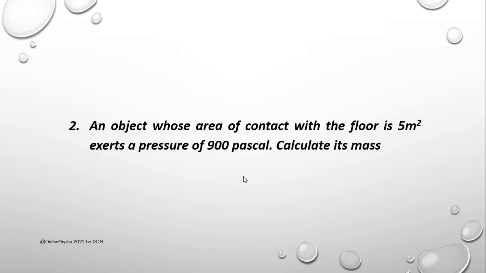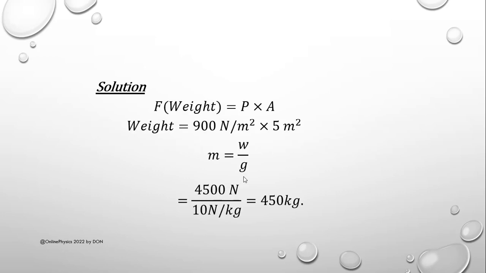So we know pressure is equal to force over area. In that case, first of all, we are going to look for force in this question before we get to mass. From the formula, we can make force the subject such that force is equal to pressure times area.